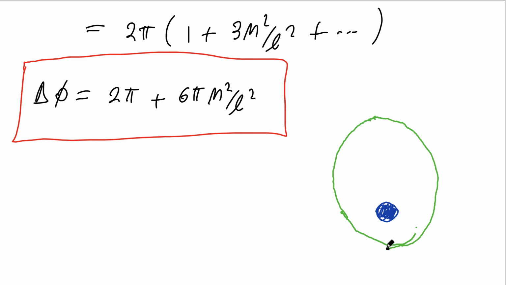So here's the closest approach initially, and here's the point of closest approach after an orbit. And the difference in angle here is 6 pi m squared over L squared. So each time this planet goes around, that point of closest approach is shifted by a little bit, by this amount. And that's referred to as the precession of the perihelion.